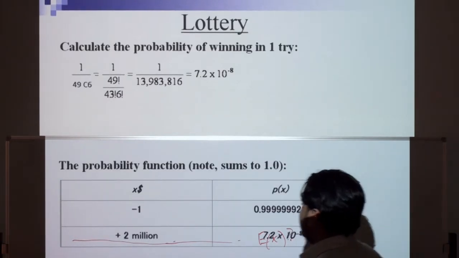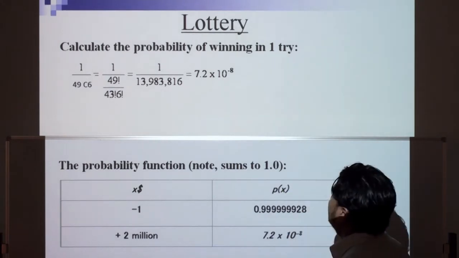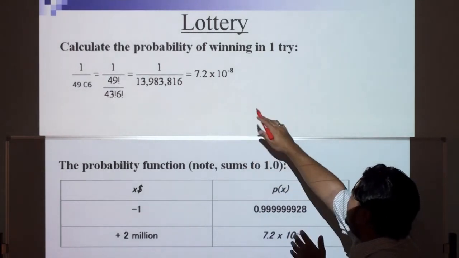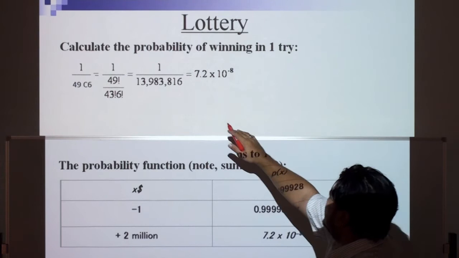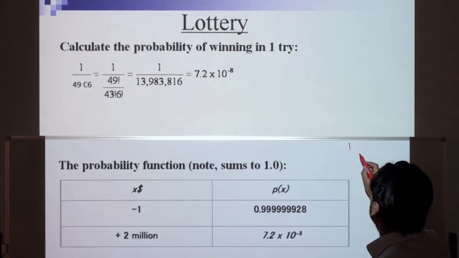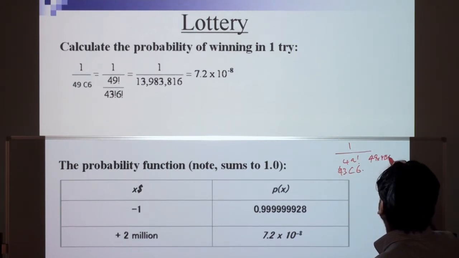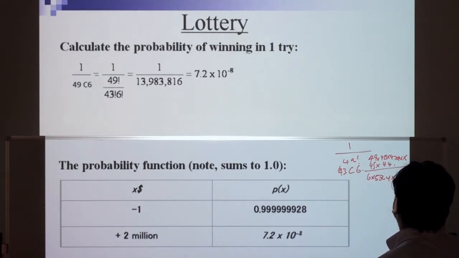As you can see here, first of all, we calculate the probability of winning in one try. So we have 1 over 49 factorial over 43 factorial times 6 factorial. We can cancel that, so it's 49 times 48 times 47 times 46 times 45 times 44 over 6 times 5 times 4 times 3 times 2 times 1.